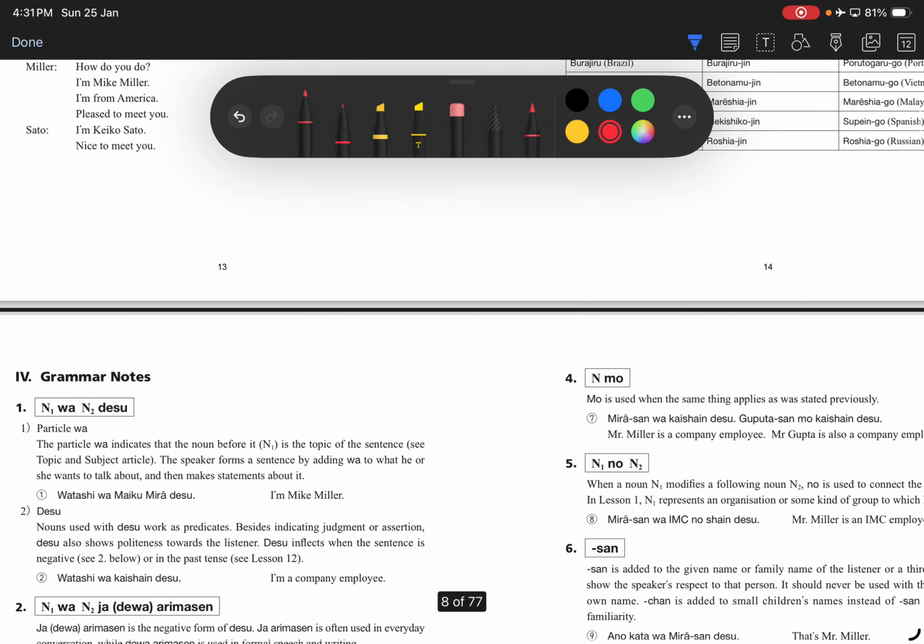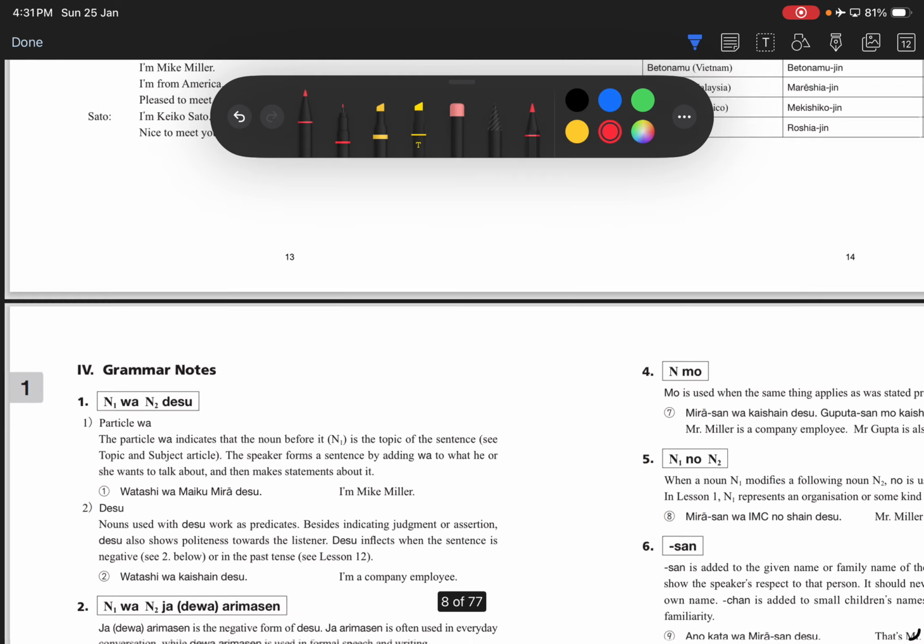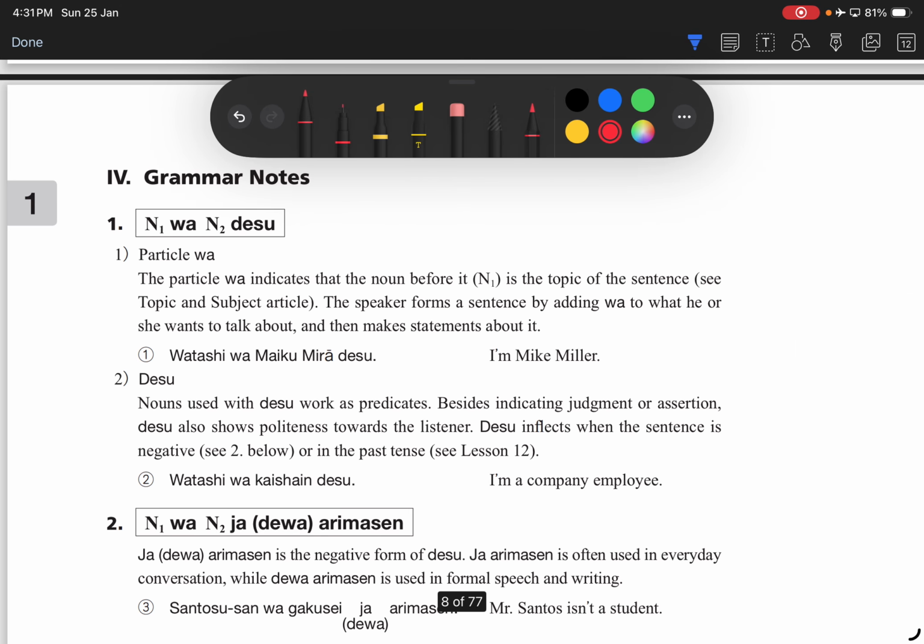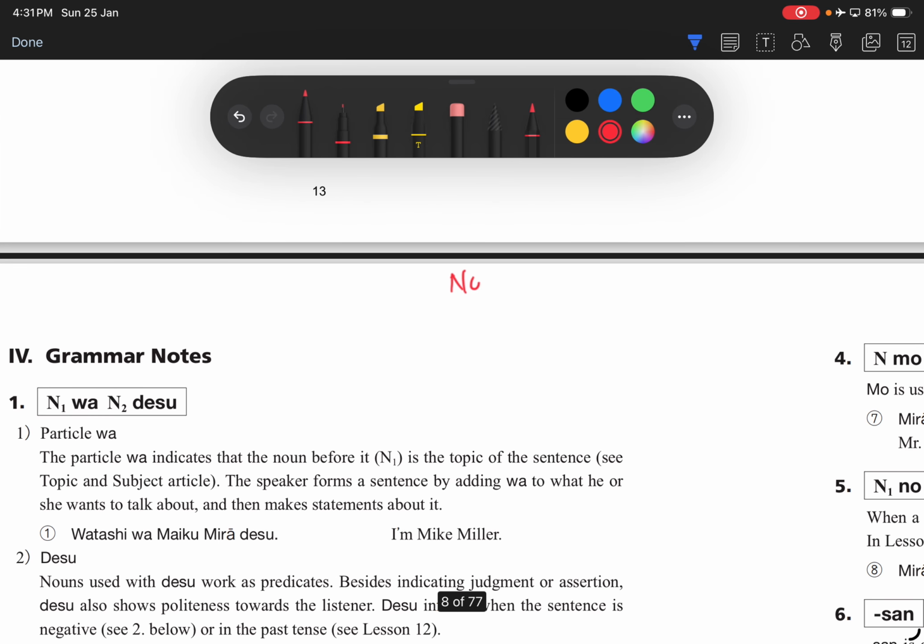You guys have the grammar notes page, right? This page. Okay, let's talk about the grammar notes. Grammar is what makes up the language. We need it to combine different things together. In a language, we have nouns.